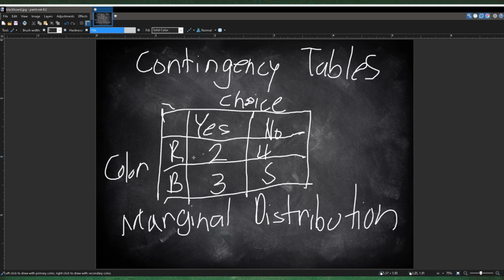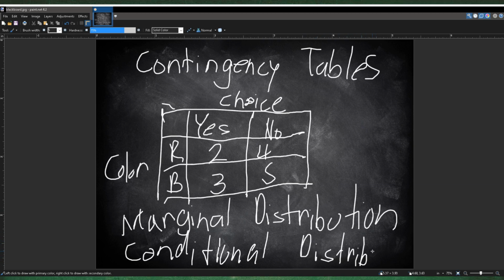This one would be the one with totals, so basically like this, where you have 2, 3, 2, 4, 3, and 5. And then you have something called a conditional distribution. This one would show the percentages.